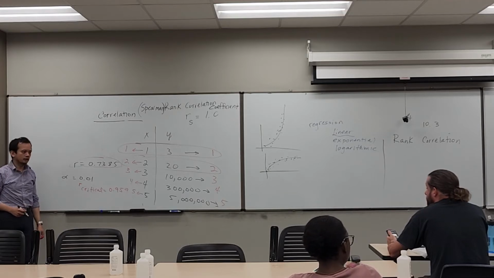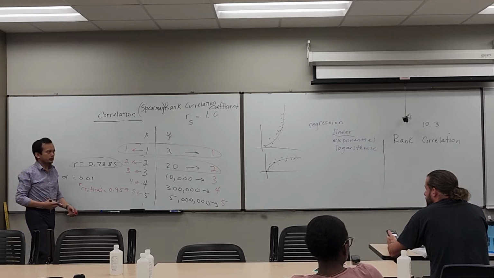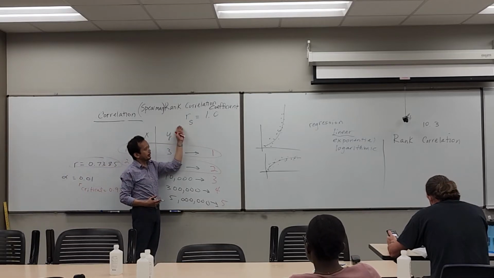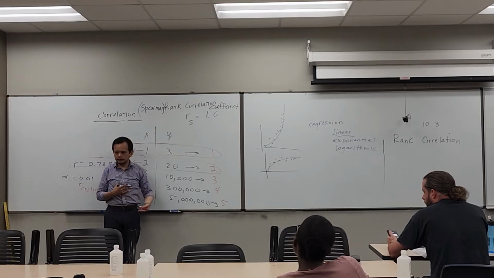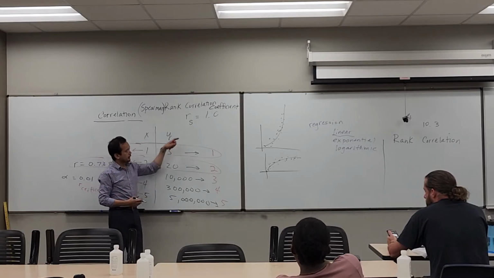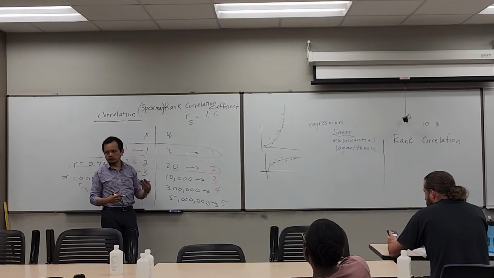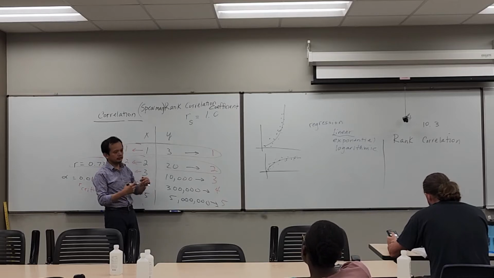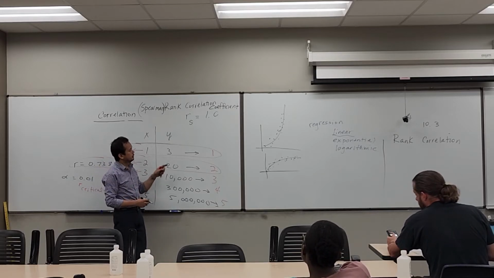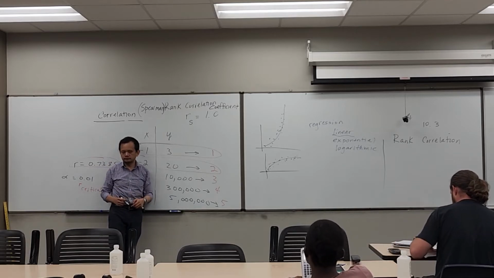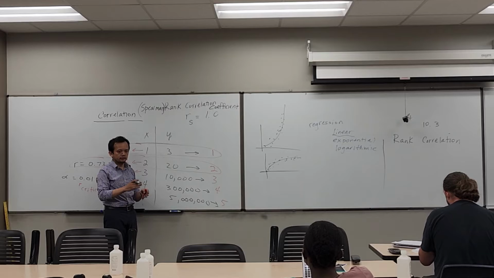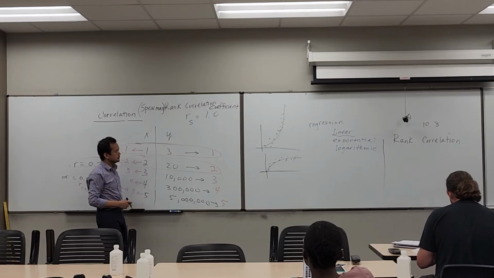Okay, any questions? So just like before, after we get this R value, we want to know whether it's close enough to 1 to be considered having correlation. And so, just like before, to decide whether it's close enough to 1, we're going to use a table for that. So if you look in, I think, the same page as your rank correlation, you'll see right next to it, it says Spearman rank correlation.